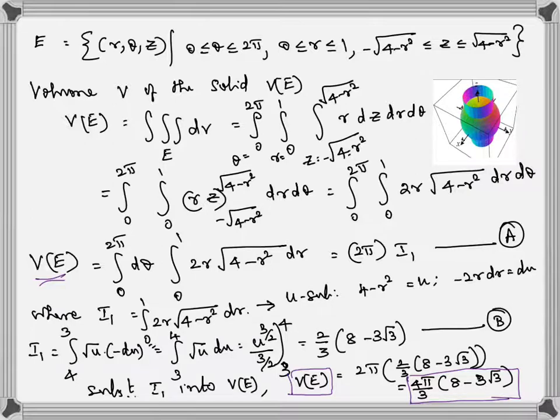If you look at the picture, we have a cylinder and it is intercepted by a big sphere which has a larger radius than the cylinder. Then the middle portion is the sphere part, x squared plus y squared plus z squared equal to 4.